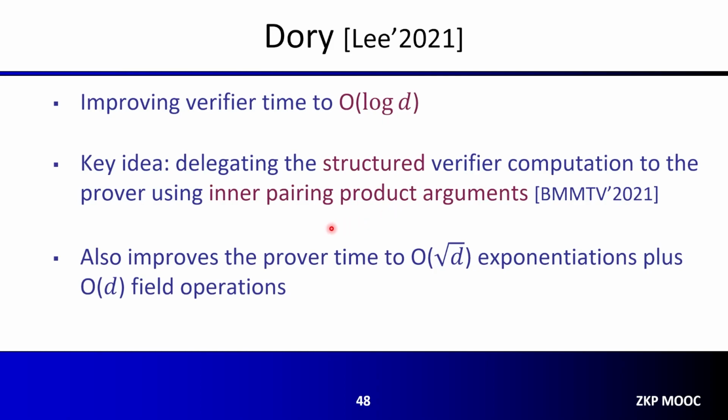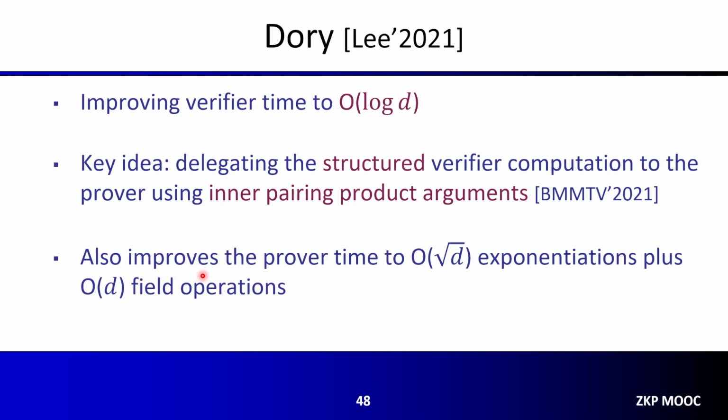And using the approach called inner pairing product arguments proposed by this paper, Dory is able to delegate this computation of the verifier to the prover side, and the time to verify this step of computation is reduced to only order of log d. So with this approach, the verifier time is sublinear in the polynomial commitment.